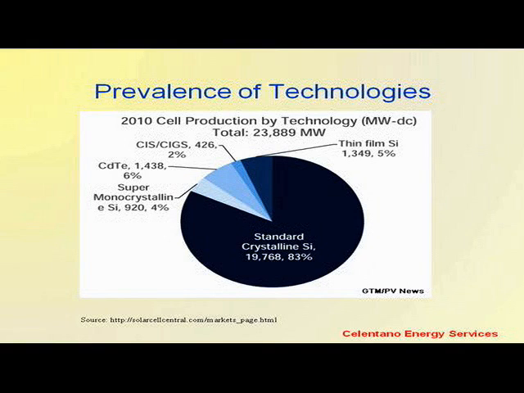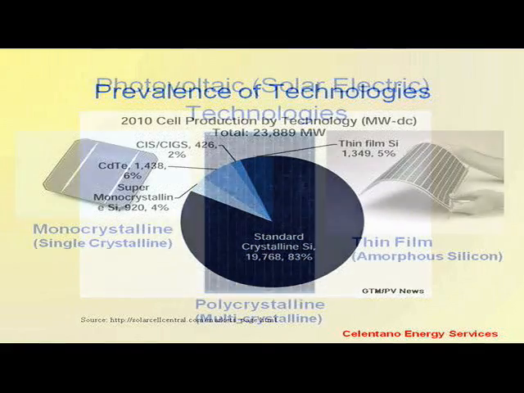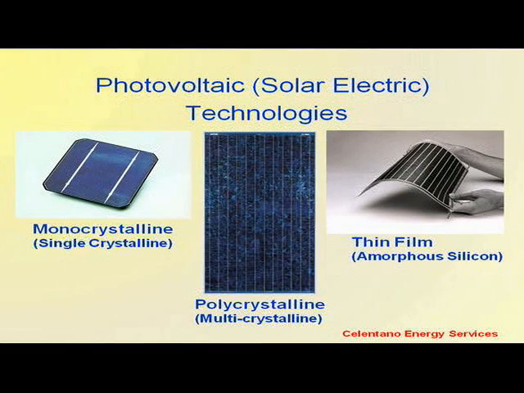There are some technologies that do not use silicon. So this is cadmium tellurium. There's also copper iridium. These are technologies that don't use silicon, but the basic science behind it is the same. But today we're going to be looking at silicon, and in particular 3 different types of silicon technologies.